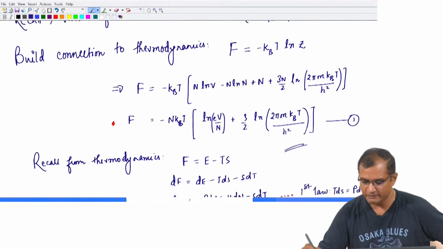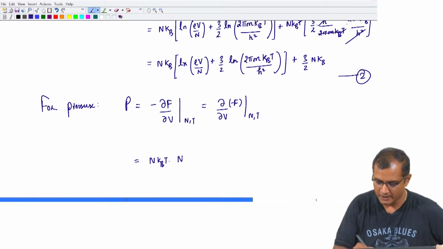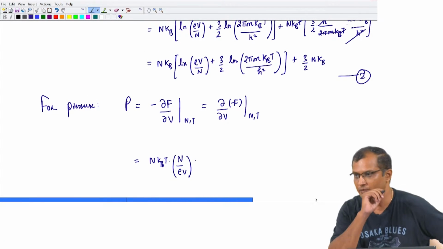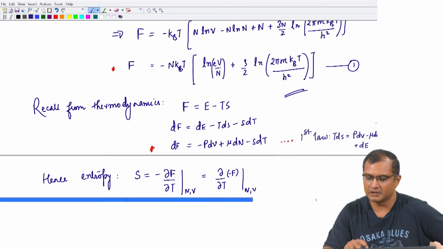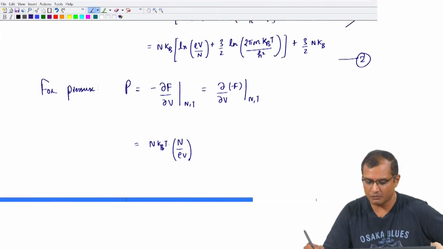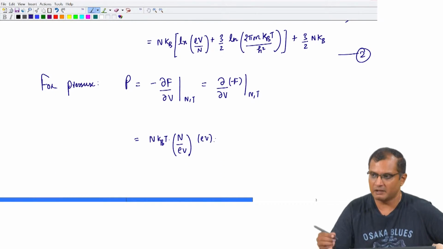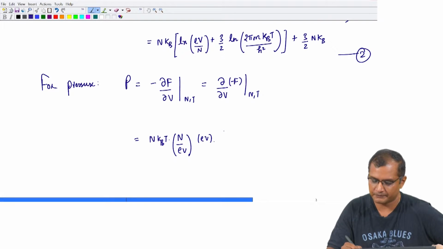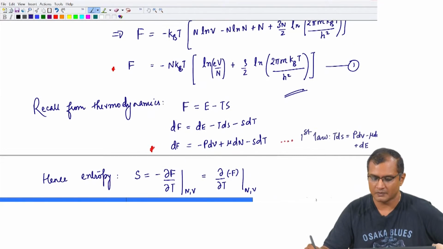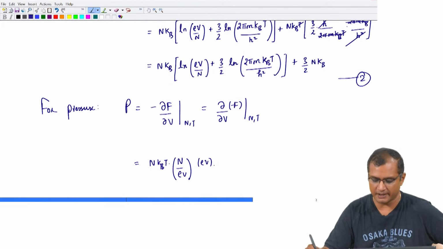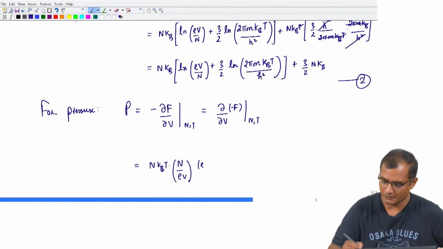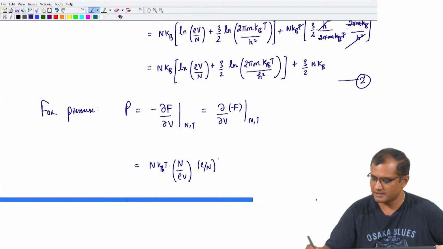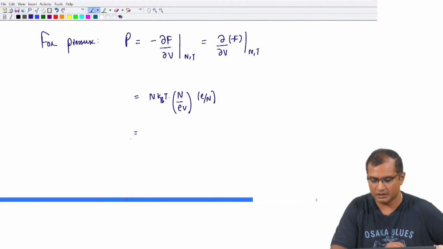And ln(eV/N) simply gives me N by eV, that is 1 upon the argument of the log, and the argument is eV by N, so it will give me e by N as the derivative with respect to volume.